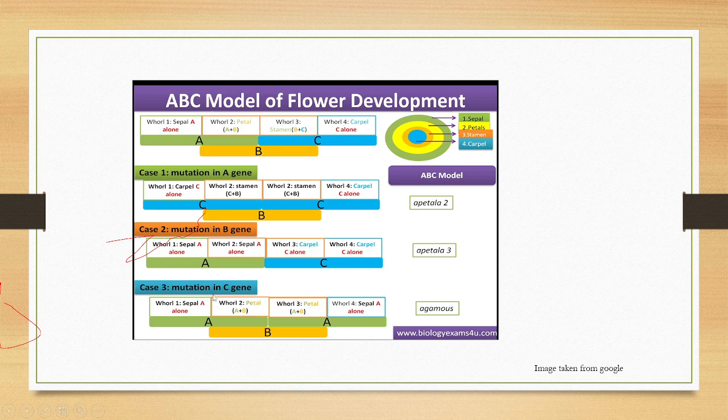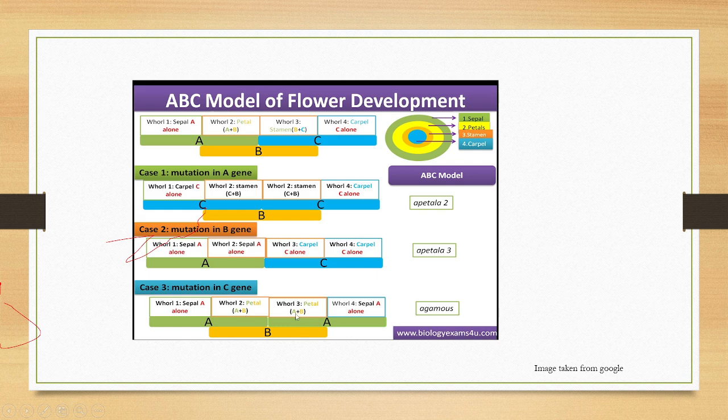Then what will happen if there is a mutation in the C gene? As I told you, A and C are equally dominant in nature, so if C is mutated, then A will come in its place. The first two will remain the same: alone A, sepal will form; A plus B, petal will form.